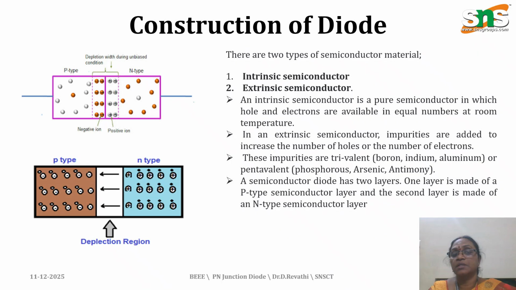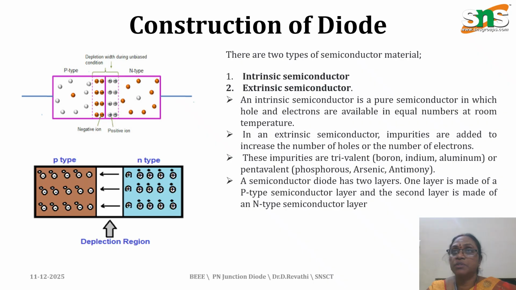Now the conduction of the diode. We know there are two types of semiconductors: intrinsic and extrinsic. What is meant by an intrinsic semiconductor? It is a pure semiconductor in which electrons and holes are available in equal numbers. An extrinsic semiconductor is one where impurities are added to the pure semiconductor. It can increase the holes or increase the number of electrons.